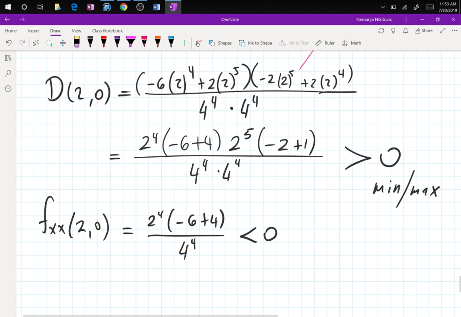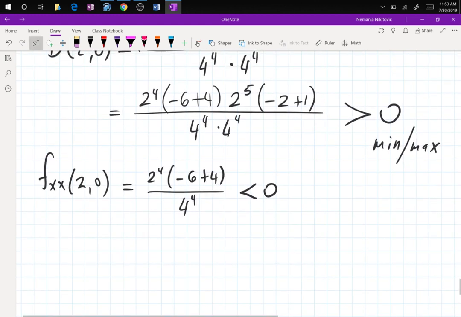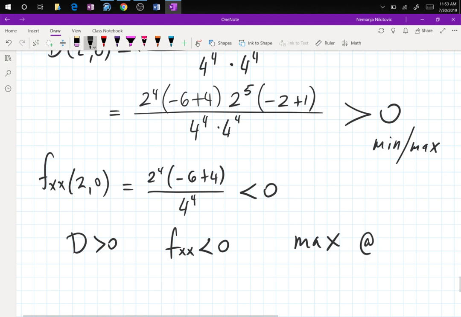So now I have d larger than 0, fxx smaller than 0, so it's a maximum at (2, 0).